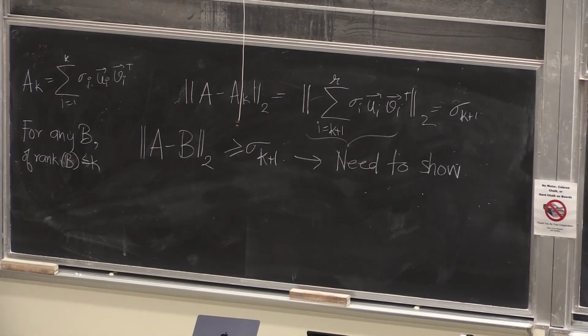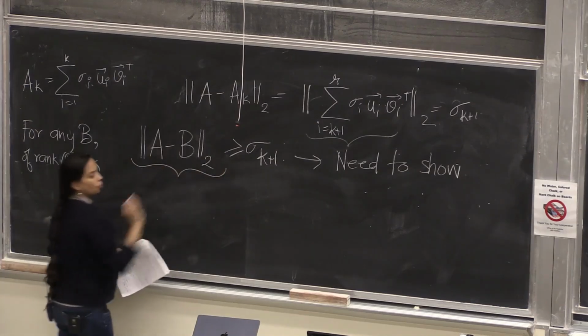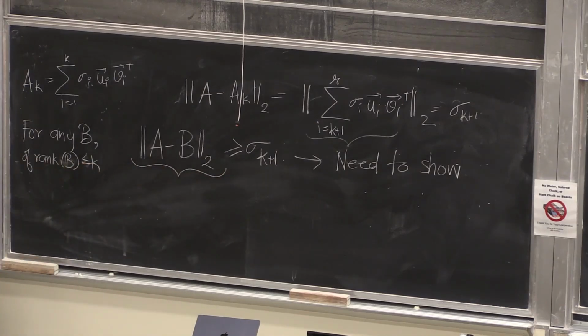So this quantity now, what kind of thing is this? What kind of norm is it? It's a matrix norm. Do we like matrix norms? I mean, maybe we do, kind of we do. But if you had a choice between a vector norm and a matrix norm, which one would you choose? Vector norm, easier to deal with, right? Is there a way to convert this matrix norm into a vector norm? Can we write this matrix norm as a vector norm?